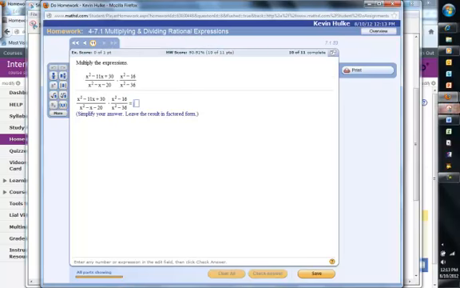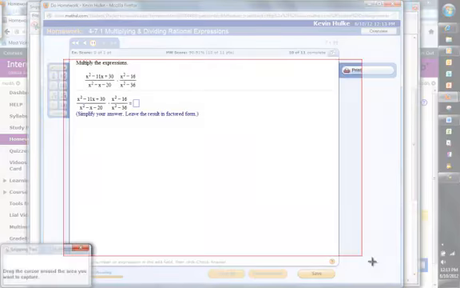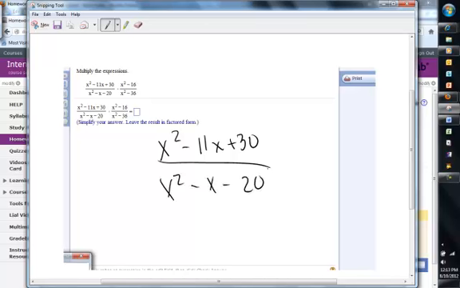Last one, another division problem. Note multiplication. X squared minus 11x plus 30 over x squared minus x minus 20 times x squared minus 16 over x squared minus 36.